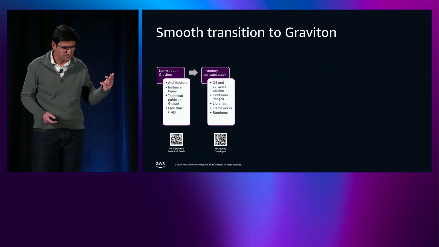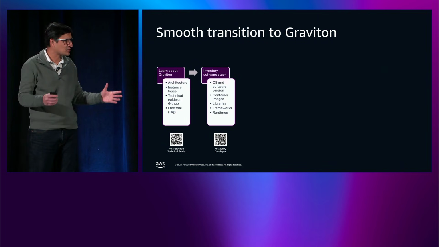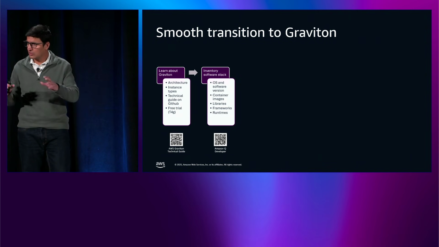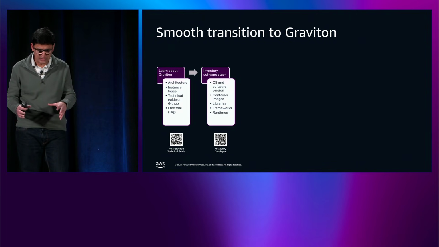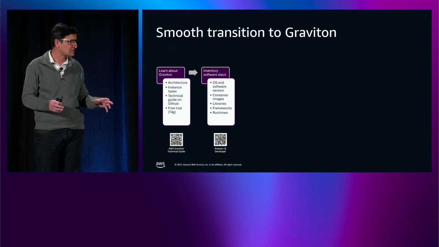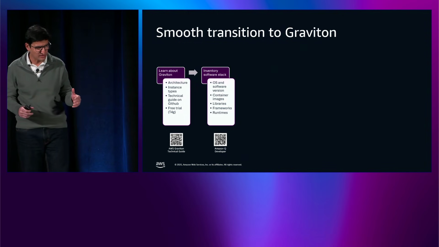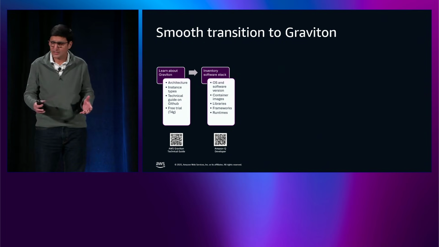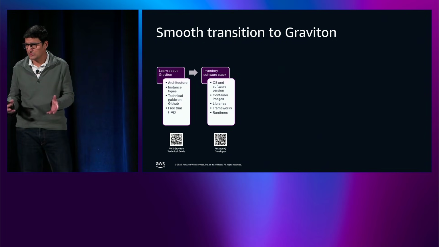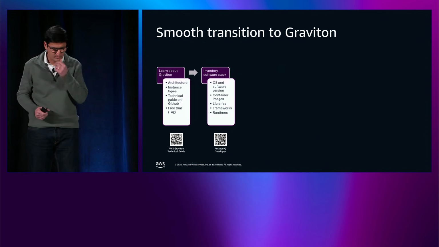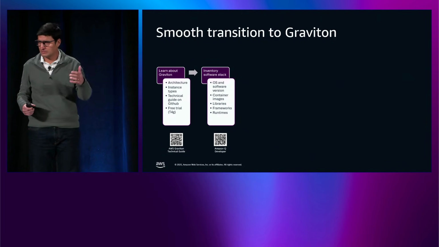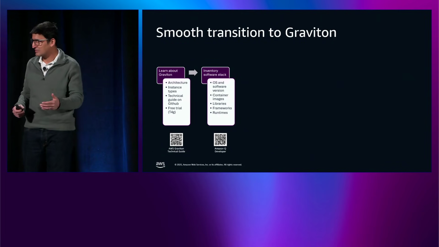The second step is to inventory your software stack. You want to make sure that you identify all the open source and commercial libraries, and all the agents that you're using for monitoring, logging, and security, and make sure that they have ARM64 binaries or architecture-agnostic code so that you can run it on Graviton as well. If they don't, then you should reach out to the vendor of that software and ask them for a roadmap for when they can support the ARM64 version.